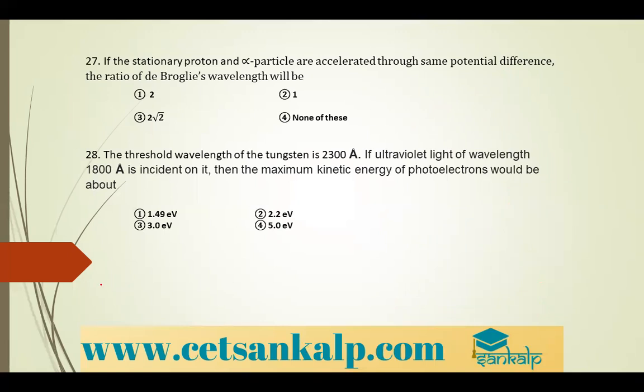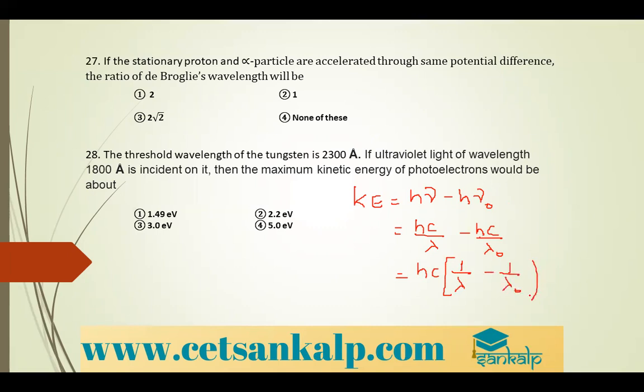So you know the equation, kinetic energy is equal to h nu minus h nu naught. I can write this as hc by lambda minus hc by lambda naught. So hc is common, 1 by lambda minus 1 by lambda naught.